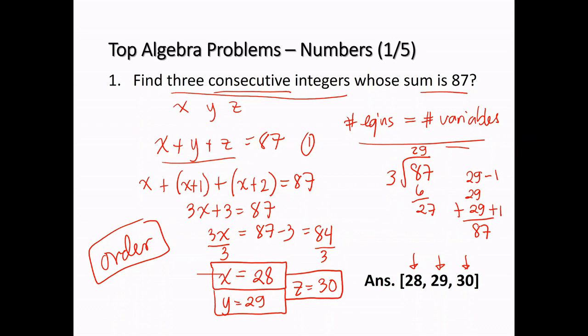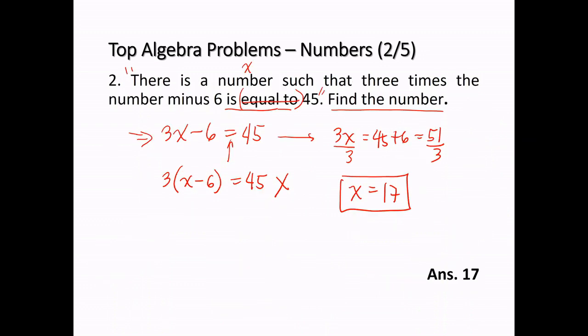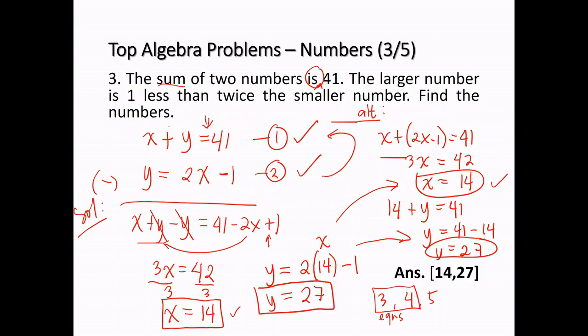Sometimes the most difficult algebra is when you have different series order. The second one is how we convert a sentence into an equation, a mathematical expression. The third one is when you have multiple equations in a single problem, how to solve this.